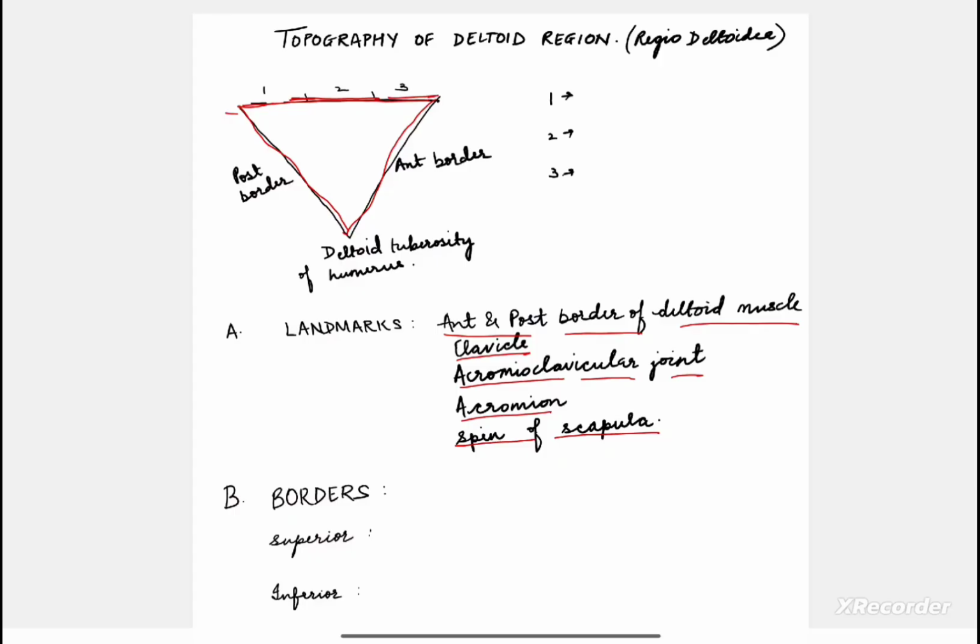Now, superiorly, there are three parts: the lower border of the spine of the scapula, then the lateral border of the acromion, and the third one is the lateral 1/3 of the clavicle.